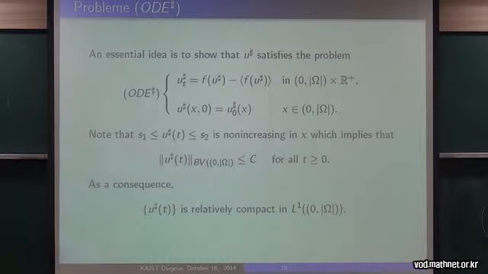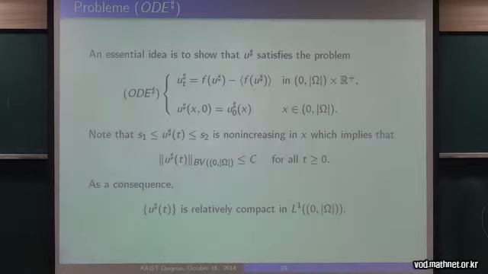So now we are in one space dimension. When we have such a problem, note that we can do the same proof as before, because since u naught is between S1 and S2, u naught sharp will be between S1 and S2, and u sharp of t will also be between S1 and S2.